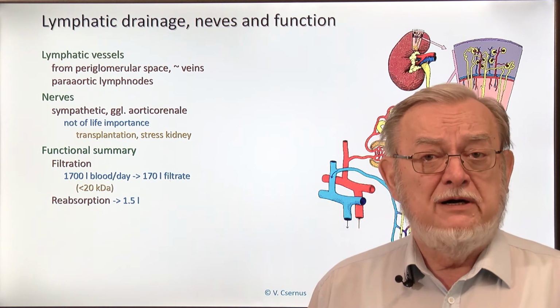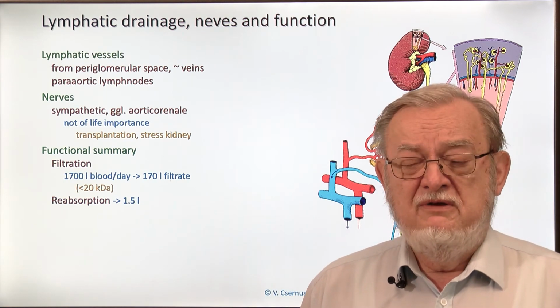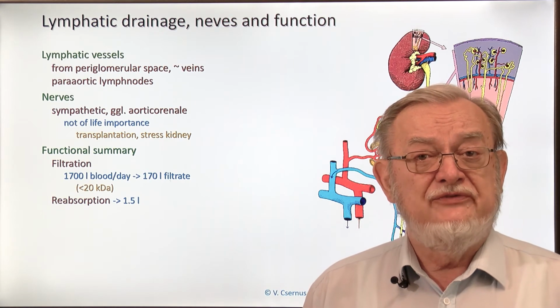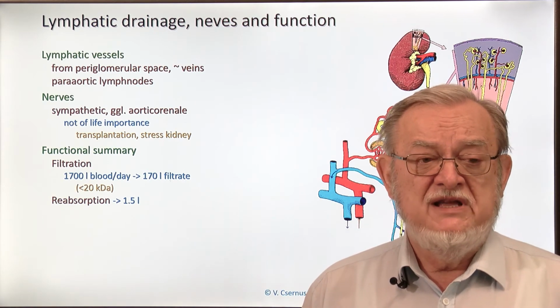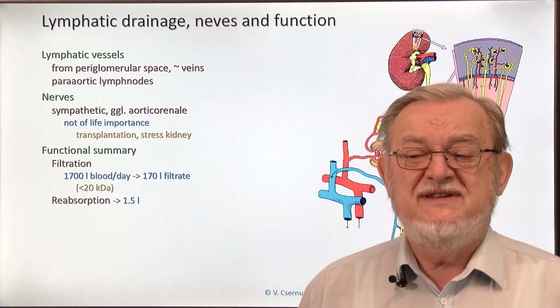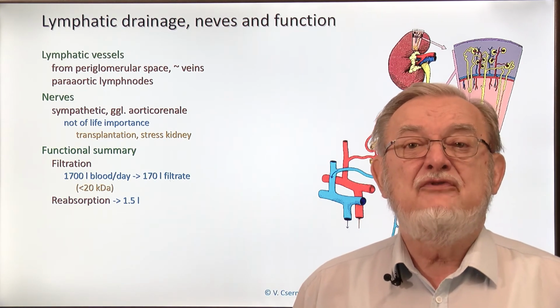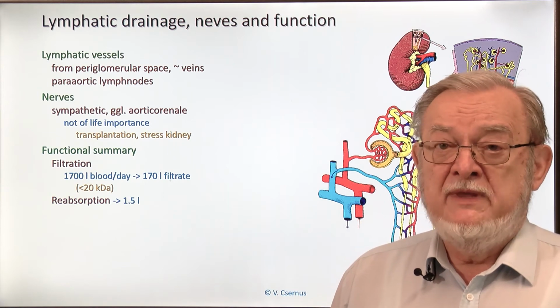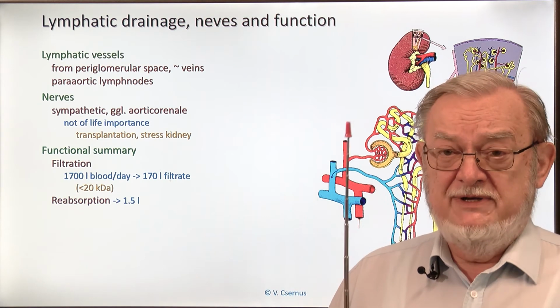Why do we have these things? One of the most important functions of the kidney is to get rid of the unwanted materials. We can say poisons or toxins or any kind of garbage which appears in the blood. How can you do that? There are two theoretical possibilities.